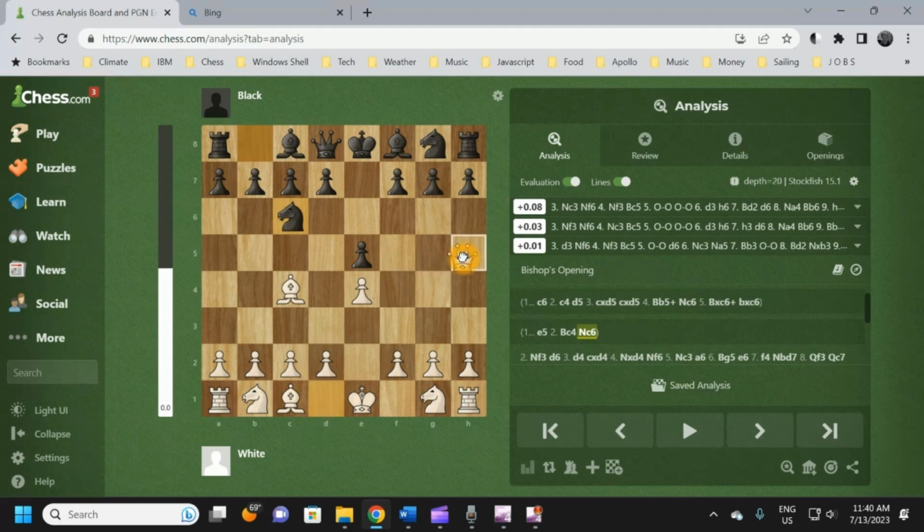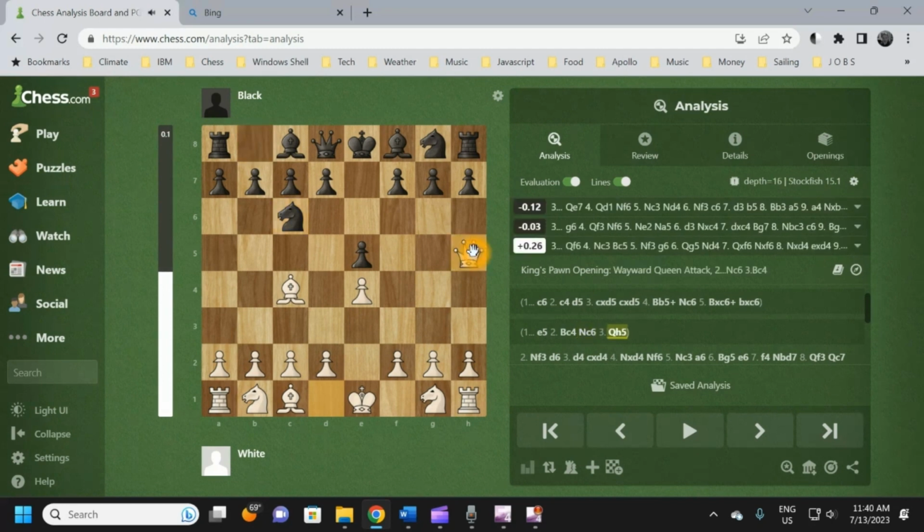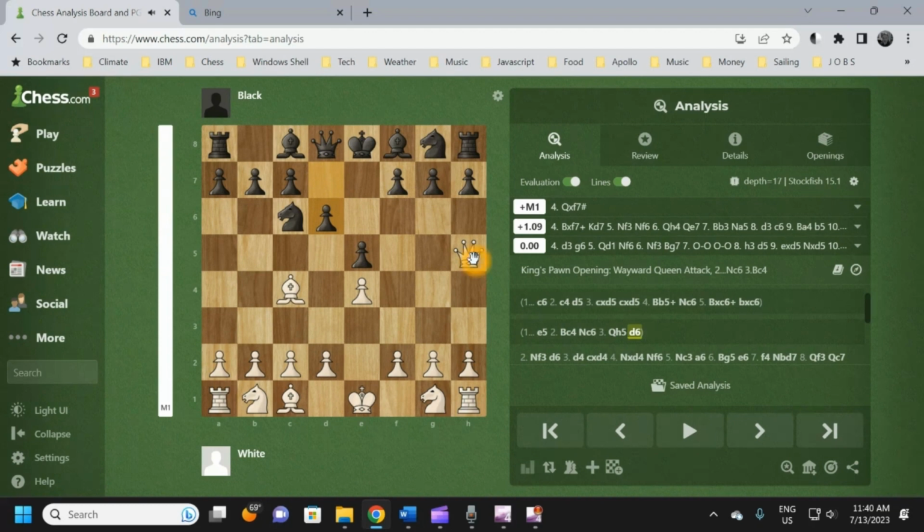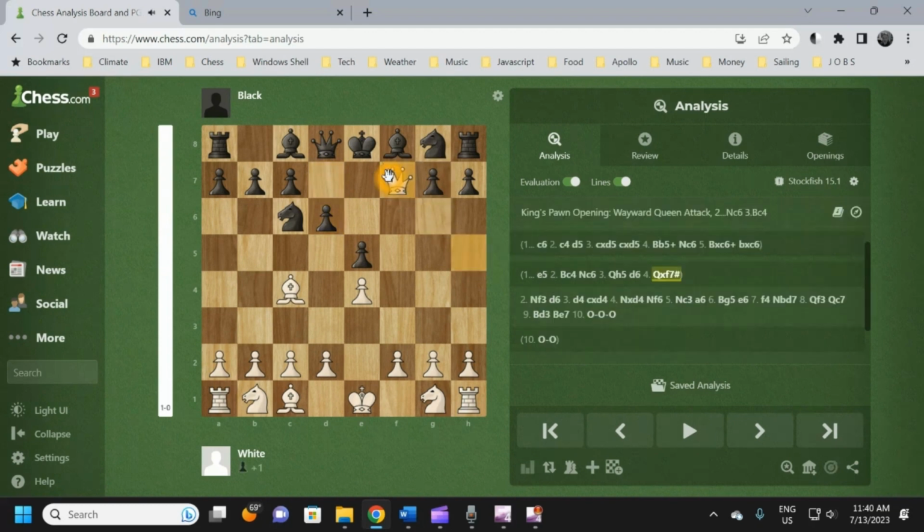And now we have queen H5. If black ignores this threat, say with D6, then we have the classic scholar's mate, queen X F7, checkmate. And that is recorded queen X F7, or QXF7, followed by the hash mark. So now you know how to record and read a checkmate in chess notation.